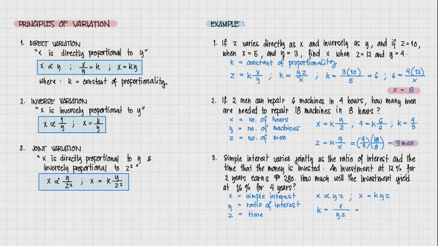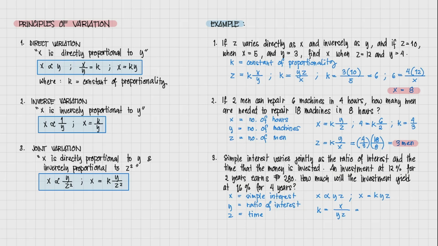For the second statement, an investment at 12% for 2 years earns 280. We're going to use the second statement to solve for our constant of proportionality.